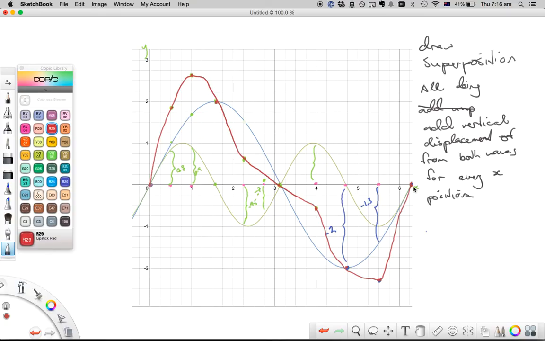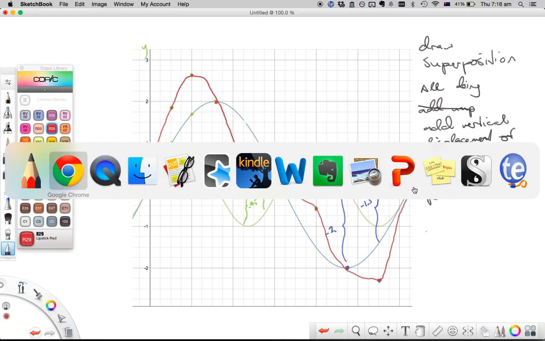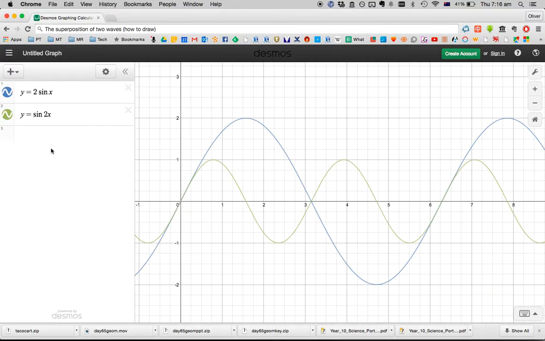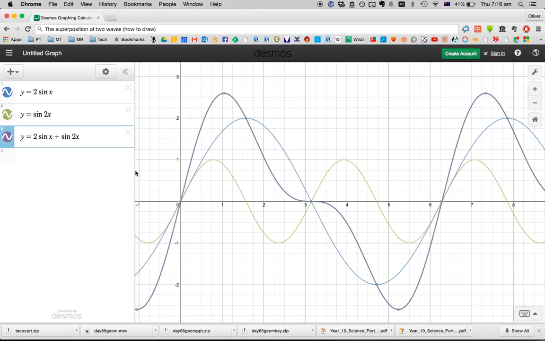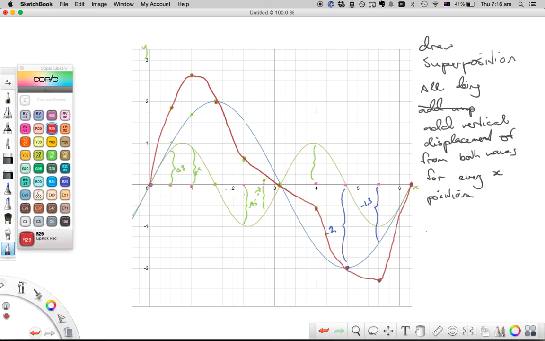Okay, so how can we check this? Well, if we go back to our Desmos, I can write another equation here, which is y equals our initial 2 sine of x, and we can add our sine of 2x. And does that look like what we had? Remember, we were only going to here. It goes up, down, goes flat, down, and then comes back. Yeah, it does. Oh, hold on. I did do a point in there, so I missed that.